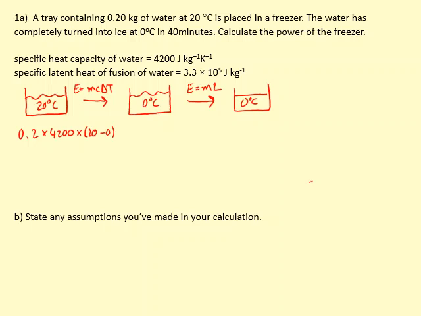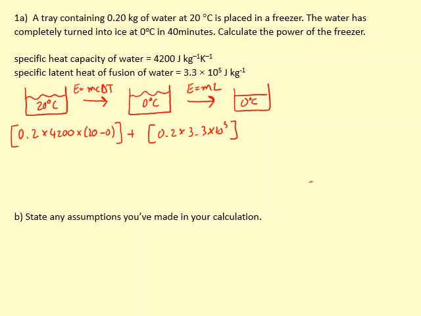So I'm taking the positive value so that I don't get any errors with signs, and then I need to change the state. That's just the mass of the water times the specific latent heat of fusion. And show your work out clearly because it's very easy to make mistakes on this question. And then finally, that's it.